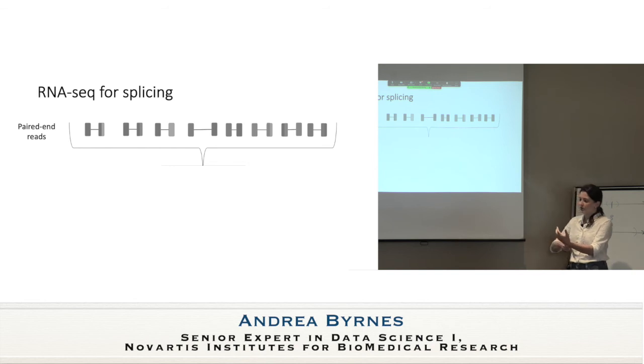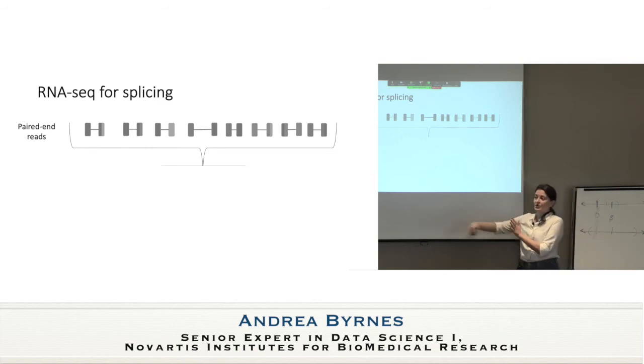What they found is that it was more powerful to sequence 100 or so bases on one side, have a gap that follows some distribution, and then sequence another 100 or so bases.